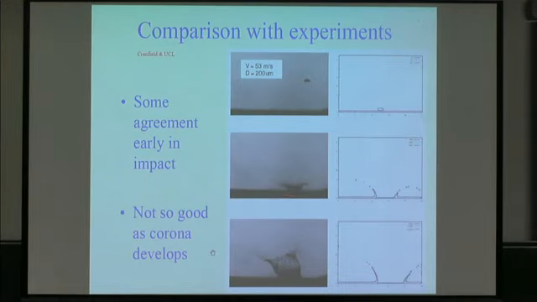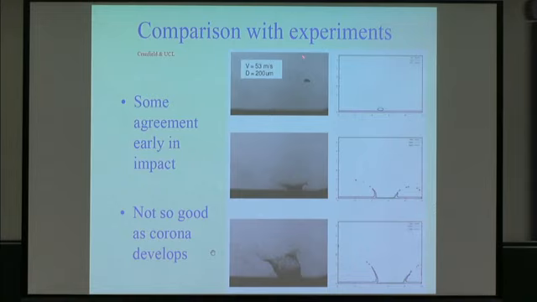The corresponding computation is shown on the right here. It has no air in it, so it starts with a droplet of roughly the same size as the experiment and the same shape, and then impact takes place, and the splash that's produced over the same timescales is broadly in the same area.